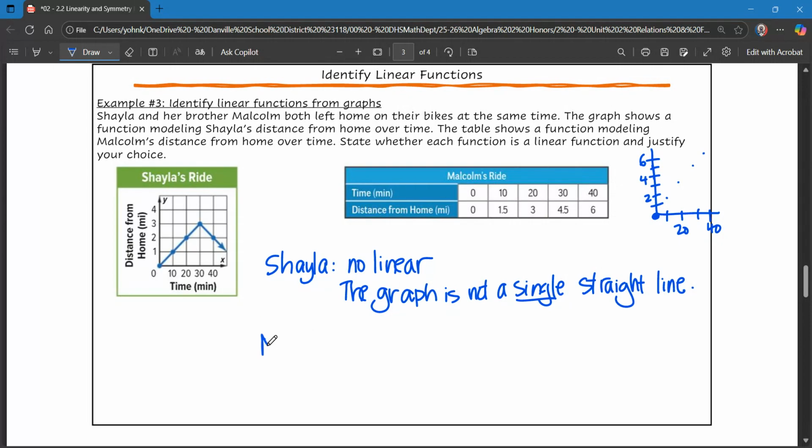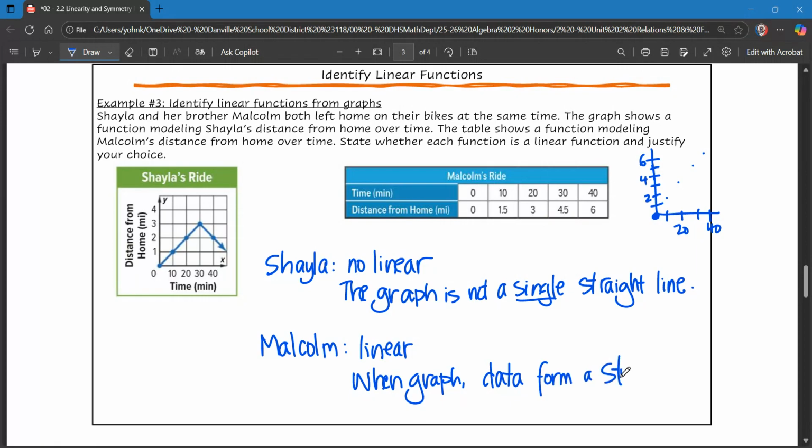If we look at Malcolm, his graph is a single straight line. His is a linear function. When graphed, data form a straight line. Okay, so that visual. When in doubt, draw it out.